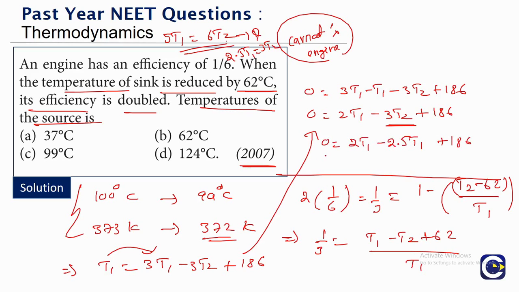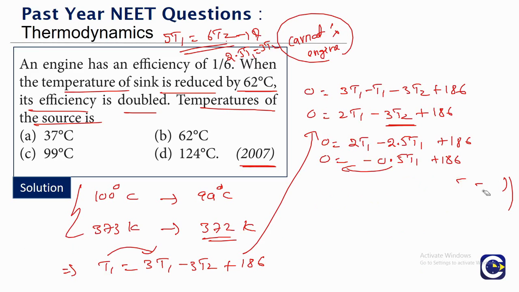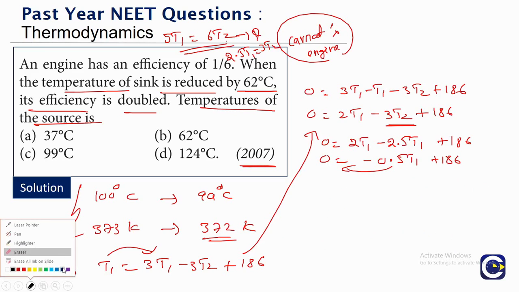So 0 is equal to 2 T1 minus 2.5 T1 plus 186, which is minus 0.5 T1 plus 186. We'll bring it to the left hand side, and it becomes plus. So on the LHS, we are going to have 0.5 into T1.